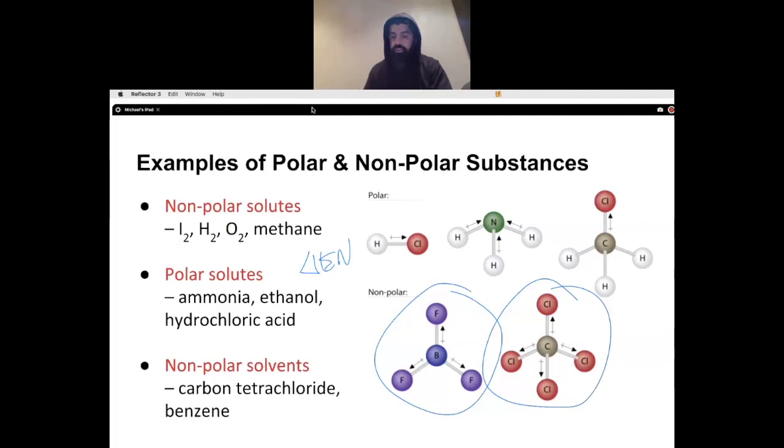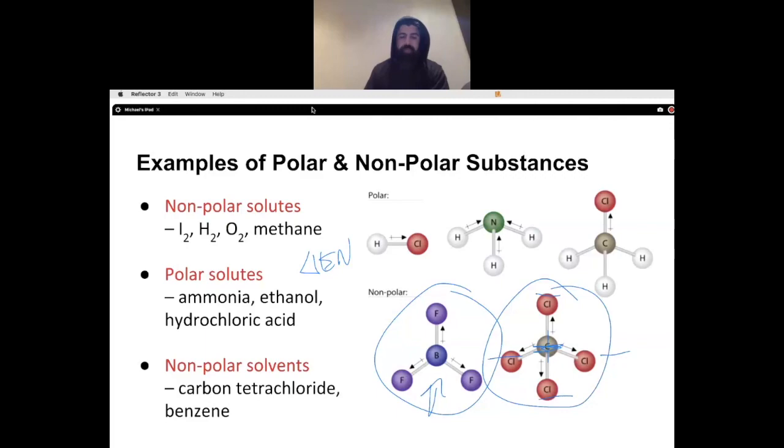Polarities moving in a direction. So this center is the one that's slightly positive, and all this to the outside is slightly negative. So for something that is negative to be attracted within here, it would be tough because surrounding the central atom is a bunch of negatives. Same thing will apply with this example here of BF3.